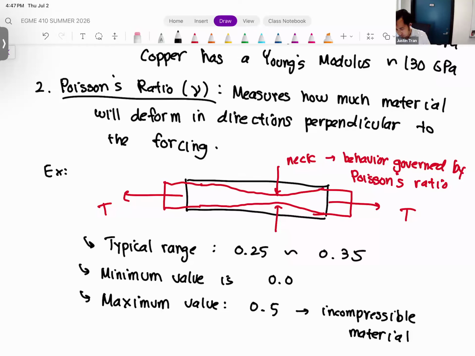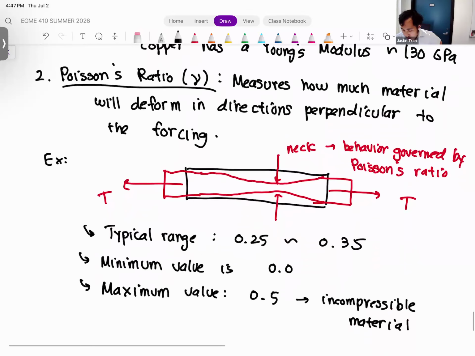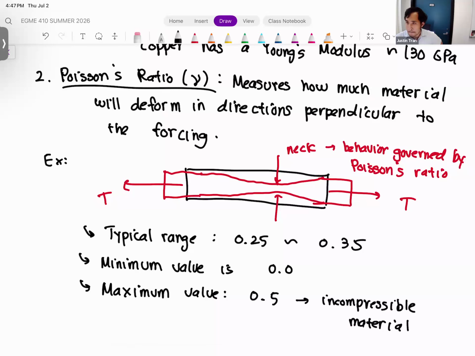If you are using a linearly elastic material that is isotropic, these are the only two properties that you have to define. So it's actually very straightforward, very easy. Any questions on the Young's modulus or the Poisson's ratio?